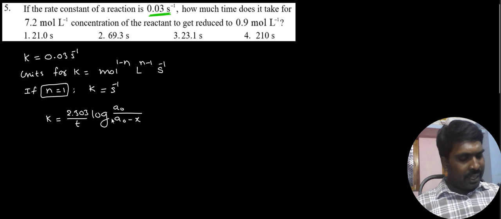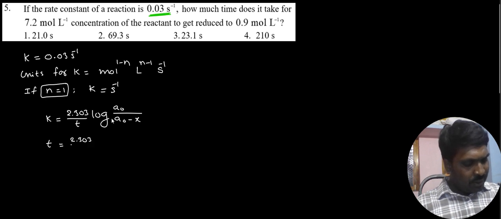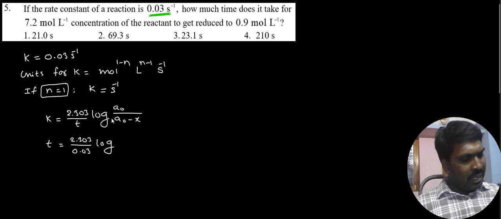The half-life formula could also be used, but half-life is not given, so we can calculate directly; half-life is not needed. t equal to 2.303 by K, rate constant value 0.03, log of initial concentration A naught 7.2 and A naught minus x, where the concentration gets reduced to 0.9.